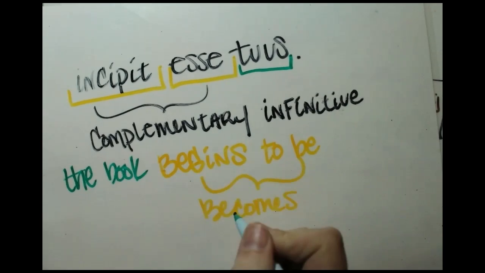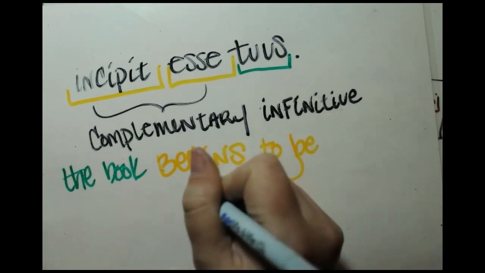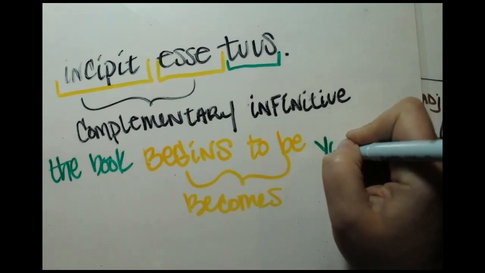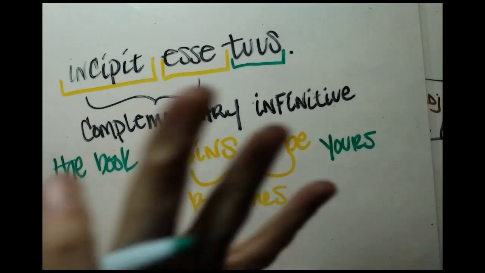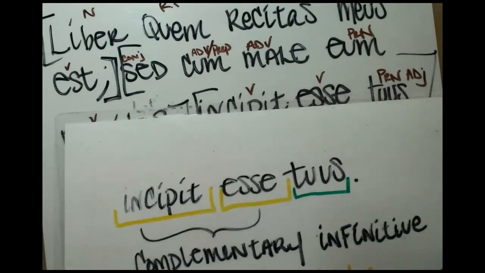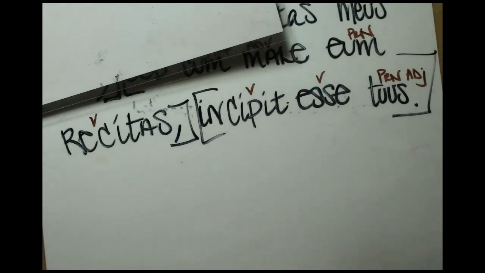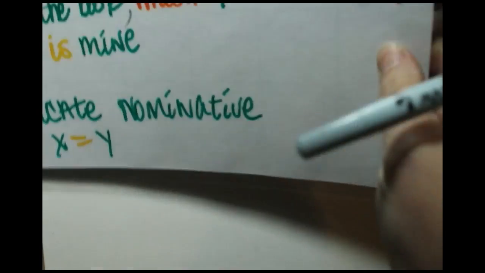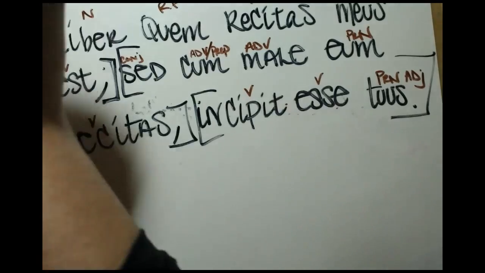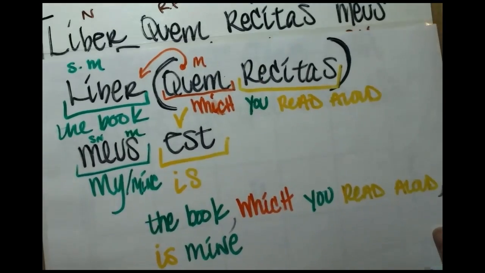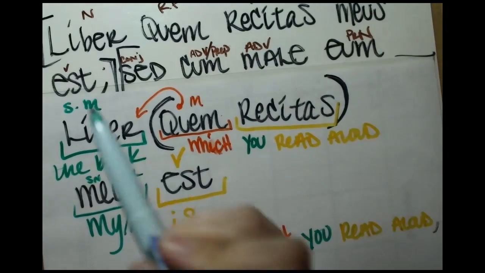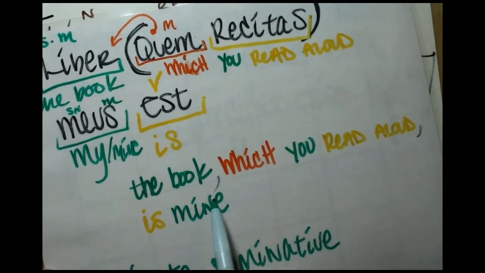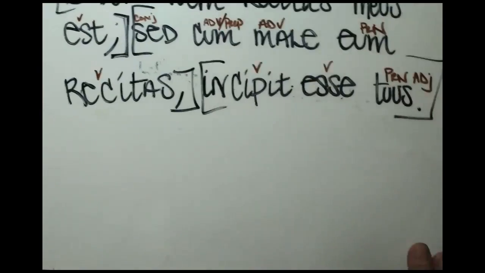So the book begins to be or becomes what? It becomes yours. So let's put the whole sentence together with all of the clauses. The first clause is liber quem recitas meus est. The book which you read aloud is mine.